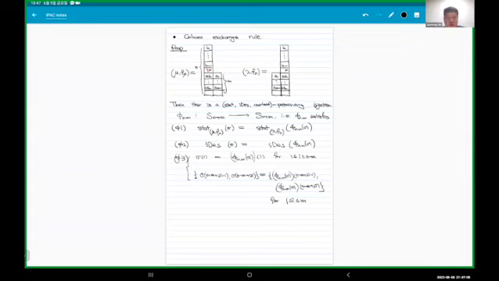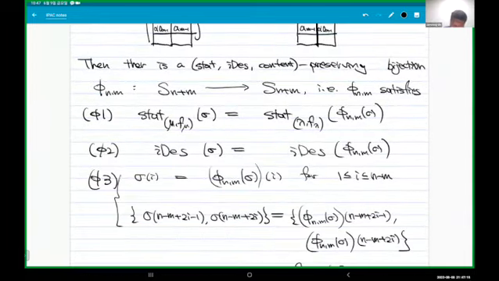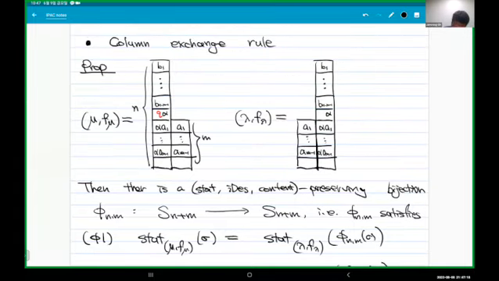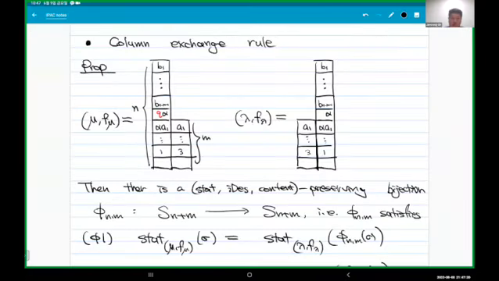What I'm saying is if our filling was 1, 3, then the bijection sends it to 1, 3 or 3, 1. So we may swap these two numbers in a row, or we just leave it. That's what the third condition is saying.